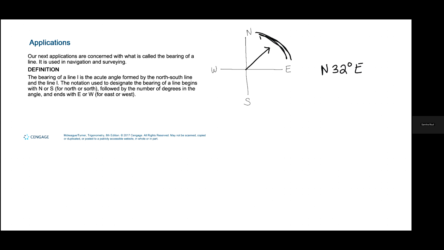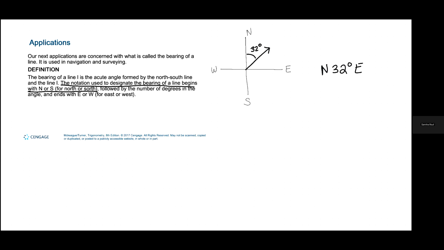Now the question is, is it 32 degrees from here or from here? Well, in the case of bearing, we always measure the angle from north or south. Hence, it's going to be here. This is the 32 degrees. So northeast bearing of 32 degrees would look like this.